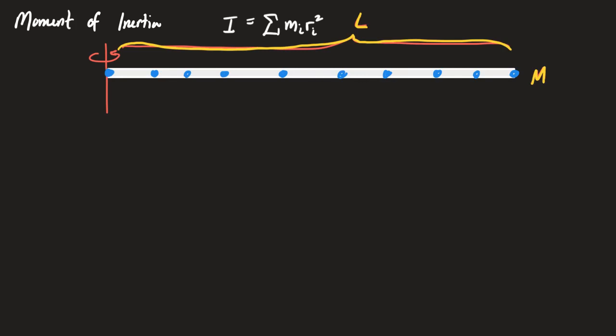10 pieces. Now, if I wanted to find the moment of inertia of this system, I could start by considering that I have 10 pieces of equal mass.